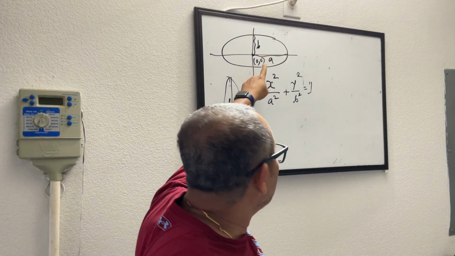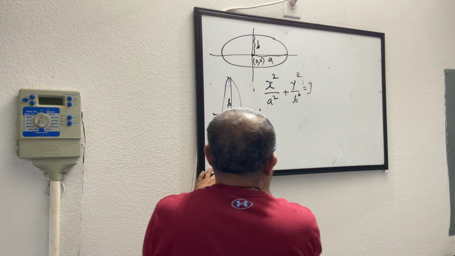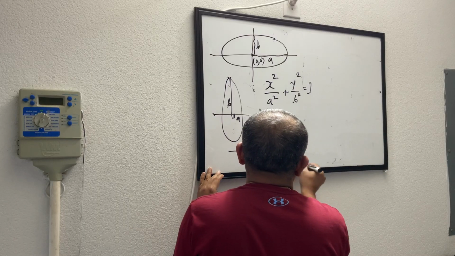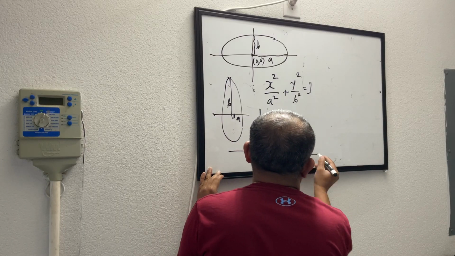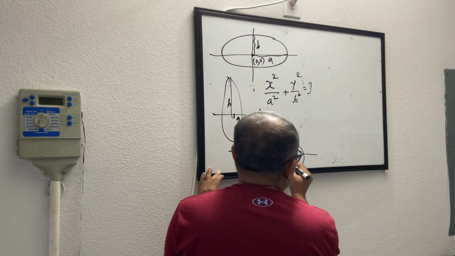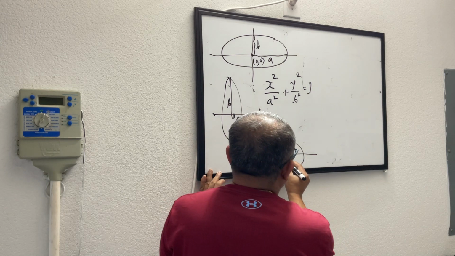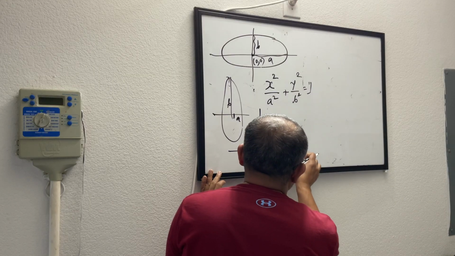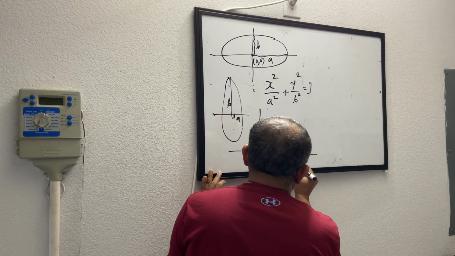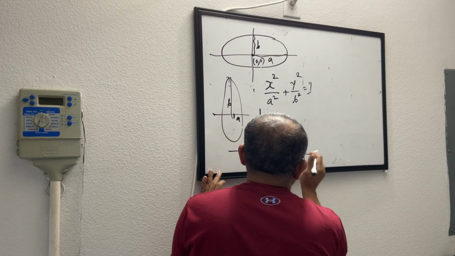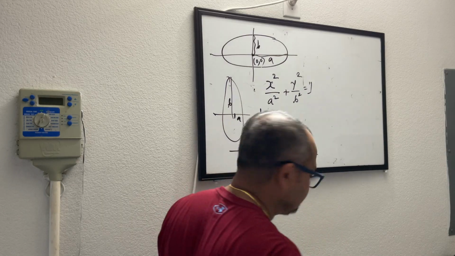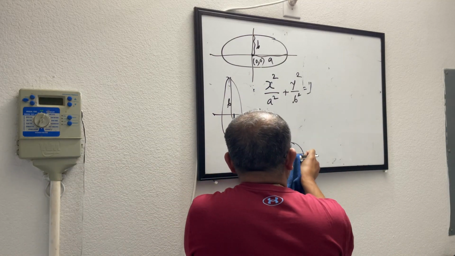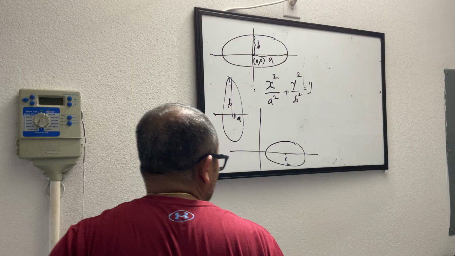Now, what if I move this ellipse? If my ellipse is not here, let's say I move the ellipse, if my origin is here, meaning I have an x coordinate value, let's say this is A, not A, let's say this is H. So I move this ellipse here, okay?